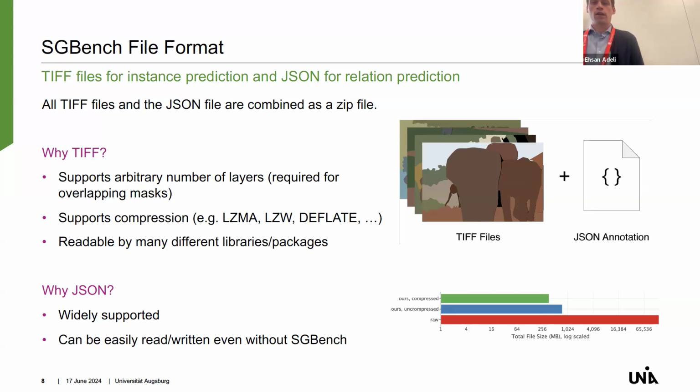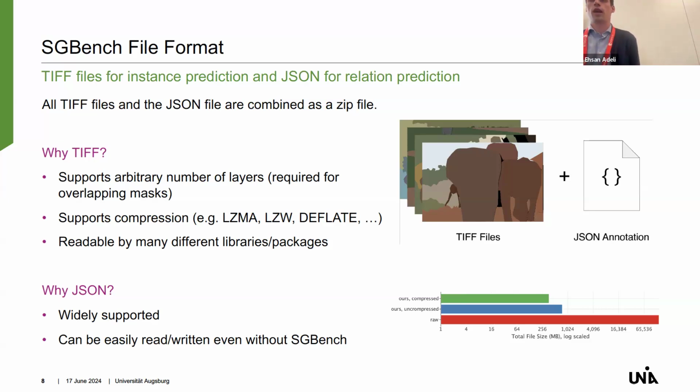If you're not doing panoptic scene graph generation, you obviously don't need those TIFF files, but if you do, then yep. To store the relation files, we decided to use JSON as the file format, just to have a format that anyone can read and write.